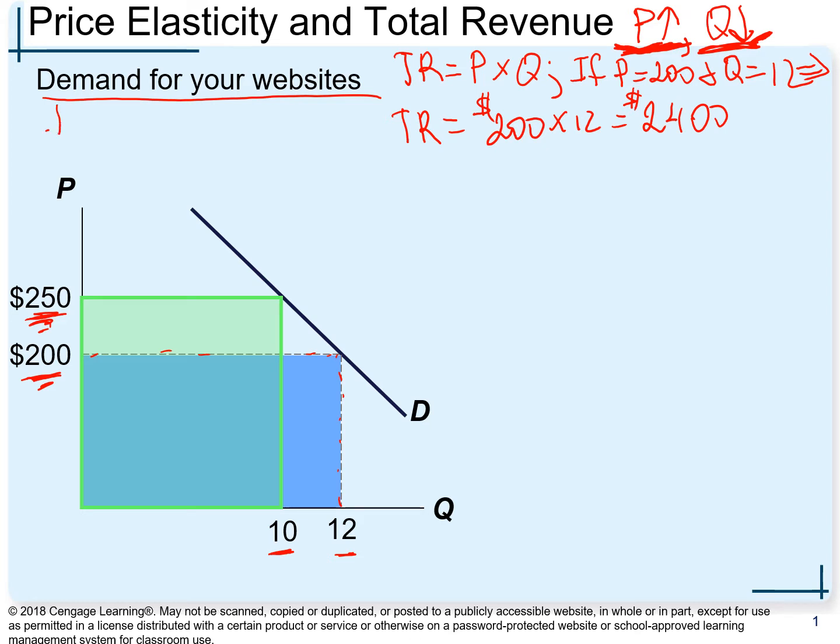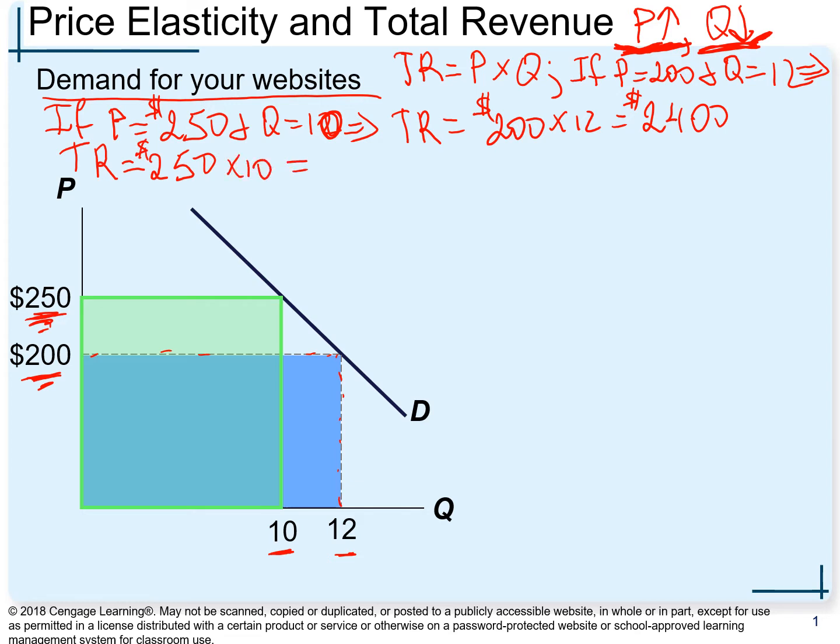Now, if price is equal to 250, so here you go, we increase the price, and quantity is equal to 10, then our total revenue, remember it's price multiplied by quantity, we have 250 multiplied by 10, then our total revenue is equal to 2500.